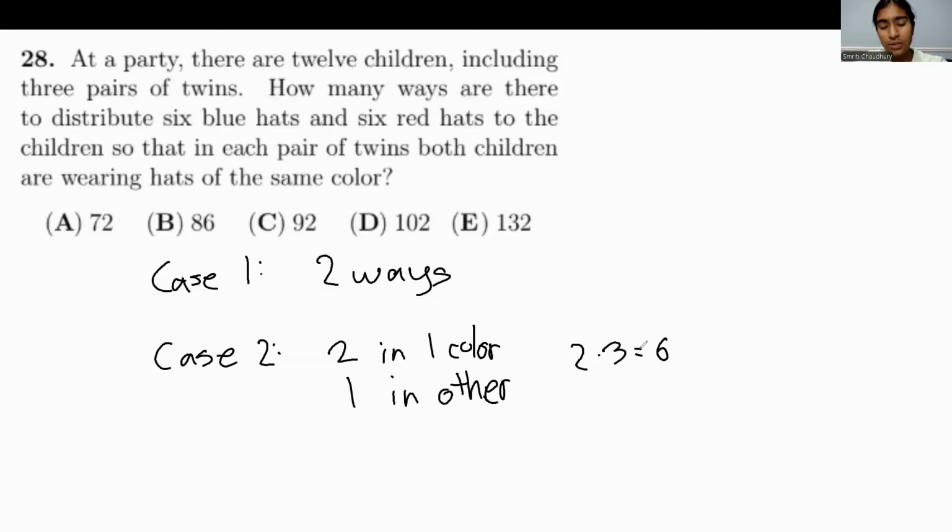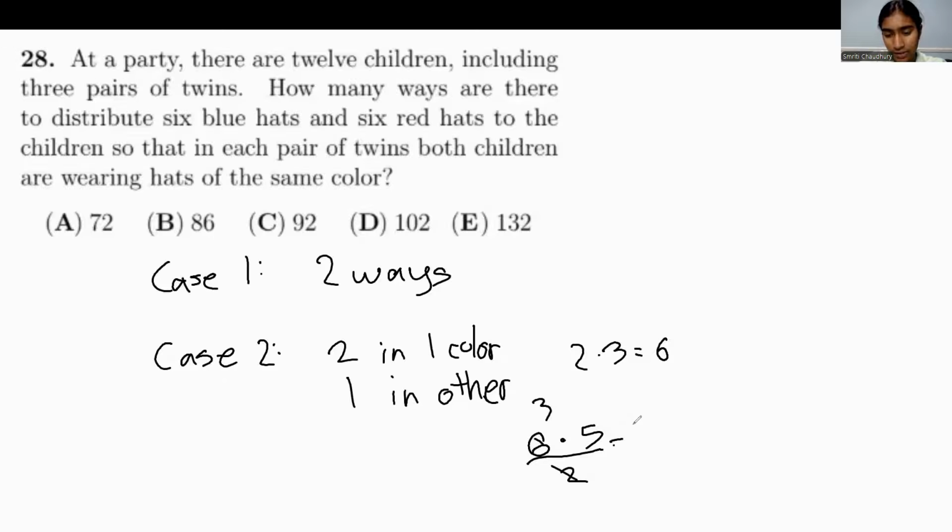And now, considering the other children, let's consider the majority color for the twins. We have 2 more hats of that color. So since that color's already been picked, we don't need to consider that. And since there's 6 kids, there's 6 times 5. However, it doesn't matter the order that they get the hat, so divide that by 2.